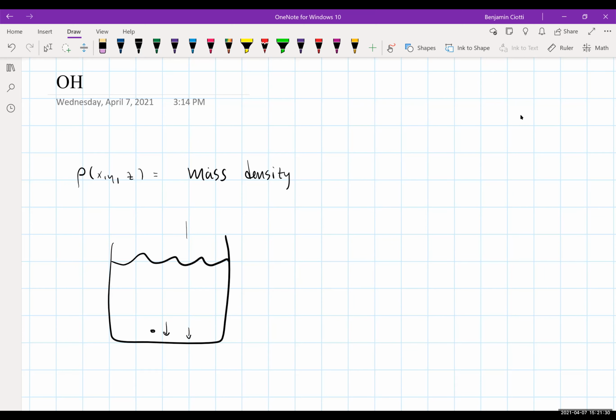So you can then take any volume. I don't know, let's say this is just some region W. If you want to find out how much mass is in W, that'll be the integral of the density.